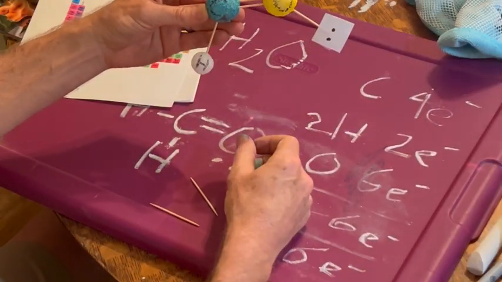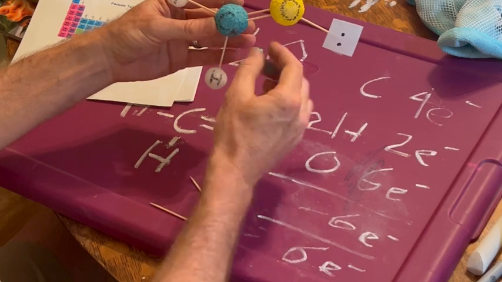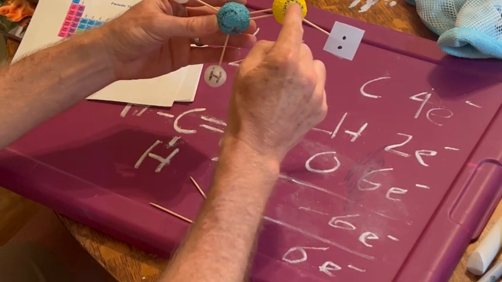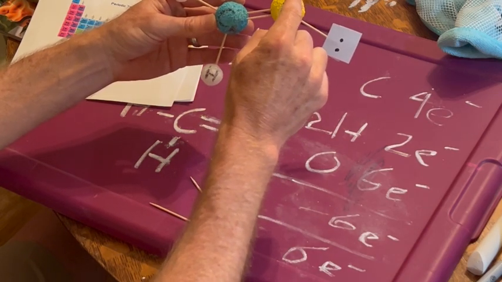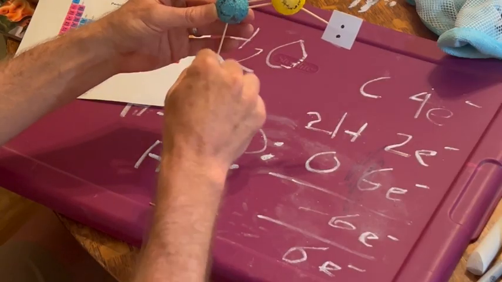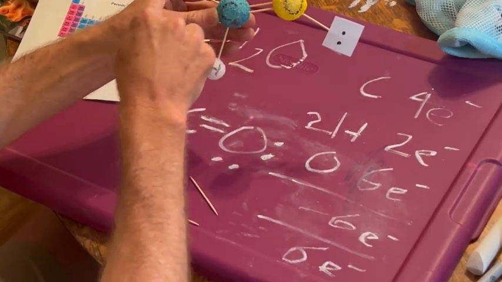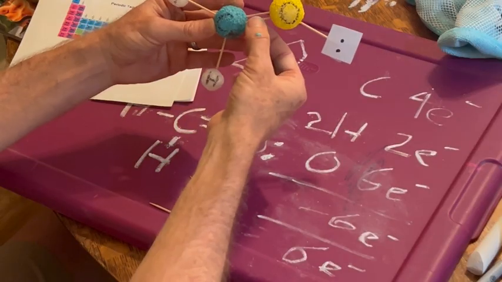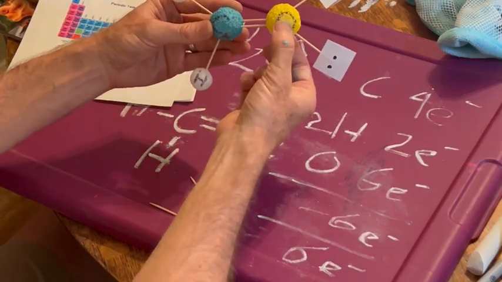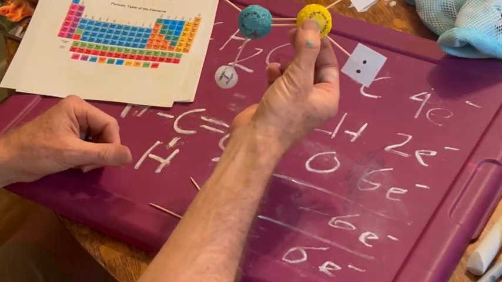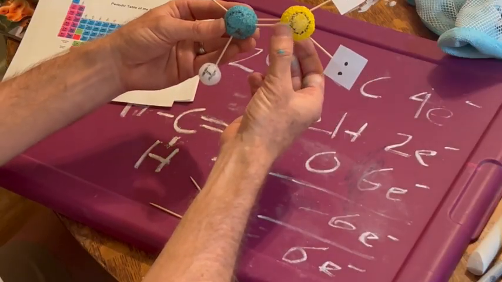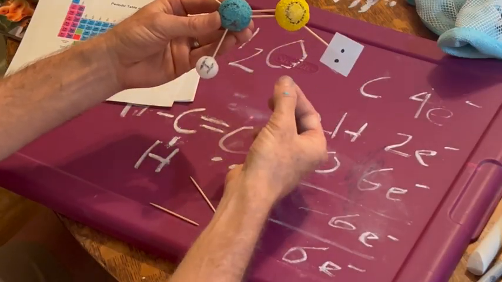Now, the electronegativity difference between the oxygen and carbon, and hydrogen and carbon, makes unbalanced dipoles, which means that the whole molecule is polar.